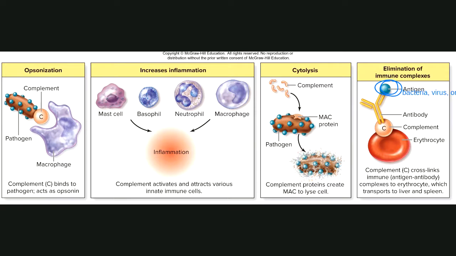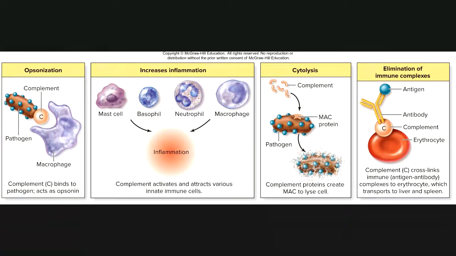What the complement does is attach to the antibody at the stem region right here. And when it attaches to that area, it serves as a link between the antibody and the erythrocyte. This is not agglutination like we saw in the blood typing.